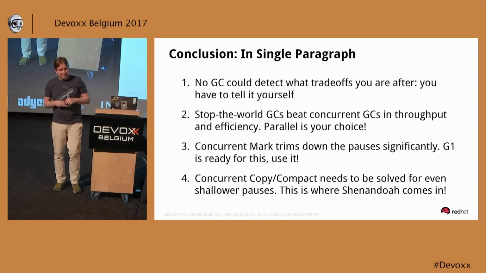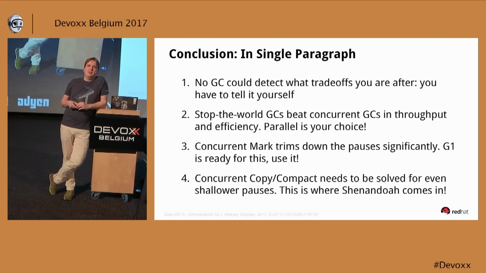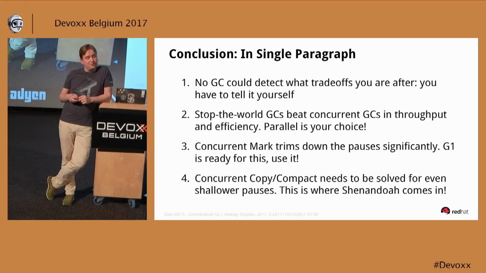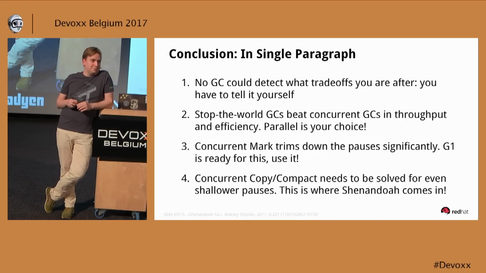If you have the garbage-free application, then you're probably not having a GC collection problem, in which case the choice of GC is probably the choice of the GC barriers, and in which case, weirdly enough, you are probably better off with stop-the-world GC, or no GC at all, for that matter. But that's an exception rather than the rule. Most applications do allocate and do need collection every once in a while. So at that point, it's better to have that collection concurrent rather than stop the world, so it doesn't surprise you.